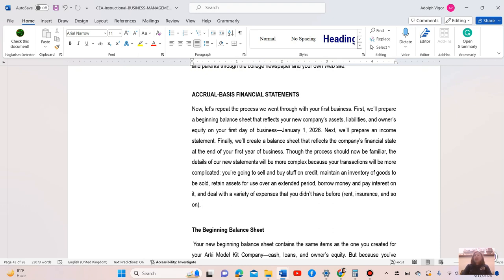You're going to sell and buy stuff on credit. Maintain an inventory of goods to be sold. Retain assets for use over an extended period. Borrow money and pay interest on it. And deal with a variety of expenses that you didn't have before, such as rent, insurance, and so on.